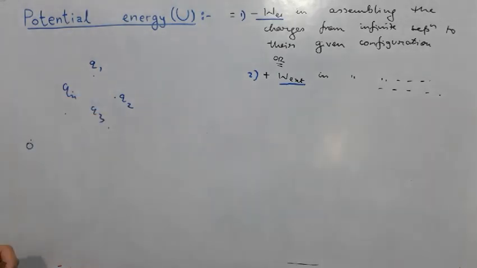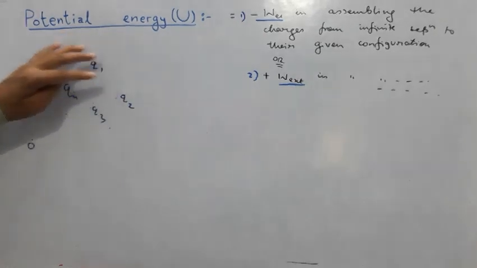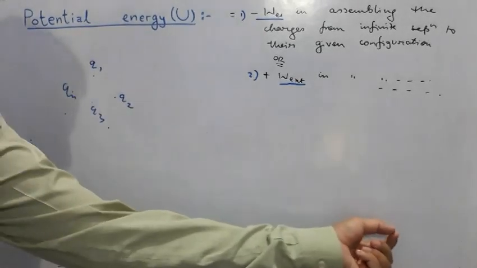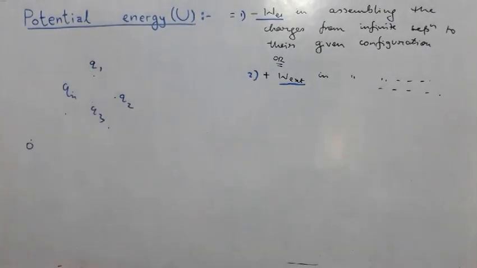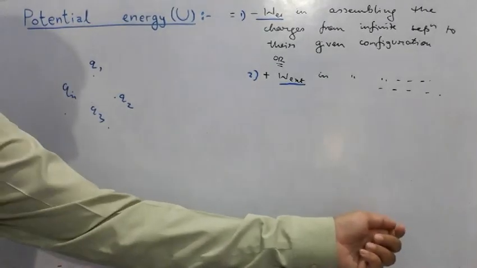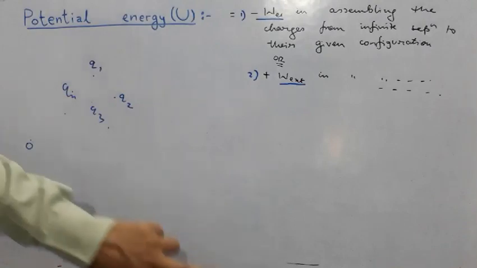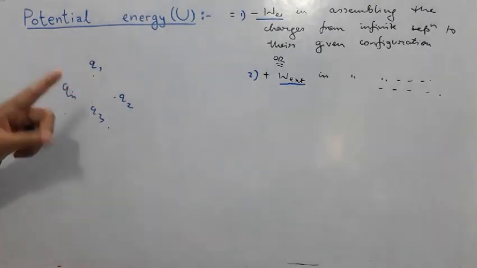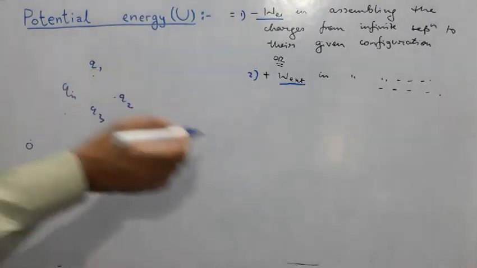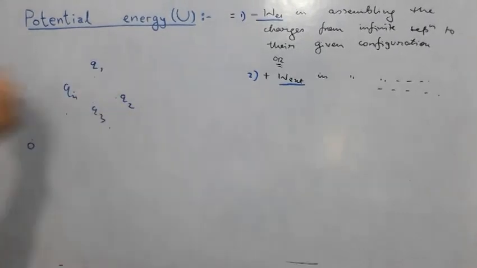First of all, assume that nothing is there. We would bring charge Q1 from infinity to this point. Then we would bring charge Q2 from infinite separation to this location. Then we would bring charge Q3, then Q4, and likewise we would bring all the charges one by one.